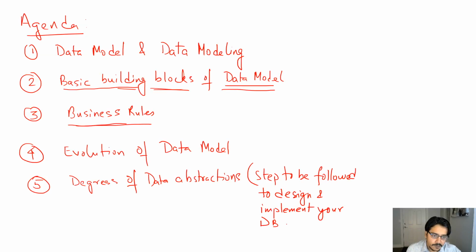That is what this basically is, right? So we are going to see a bird's eye view of the different steps that need to be followed in order to generate the design of your database and then implement it in a very structured fashion.